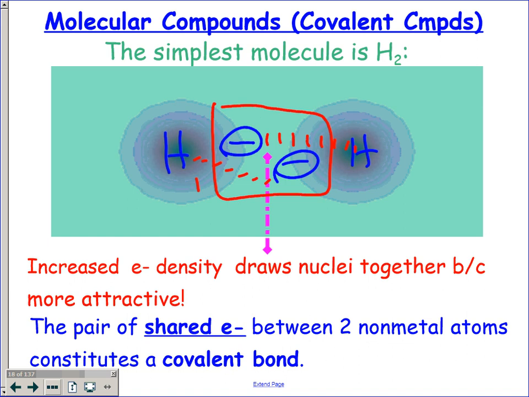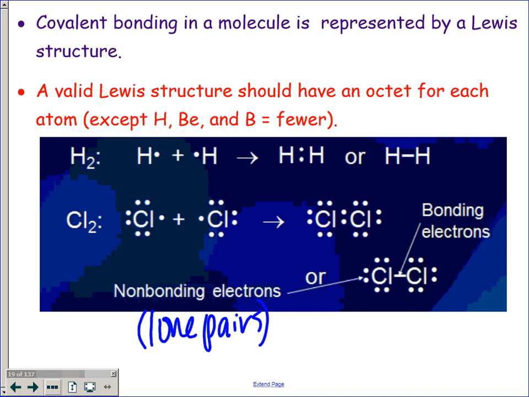Alrighty. That's a what kind of bond if there's 2 electrons there? 2 electrons being shared is a what kind of bond? Single covalent bond, yes. If I put 4 in the mix, that would be a double bond. If I put 6 in the mix, triple bond. Okay. And how do we draw these? Please do not draw all these dots.